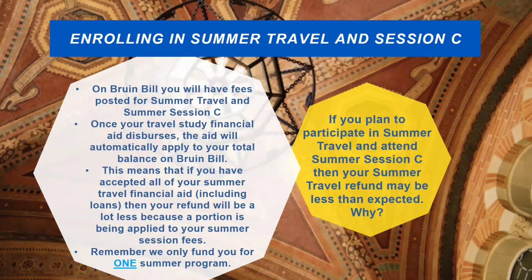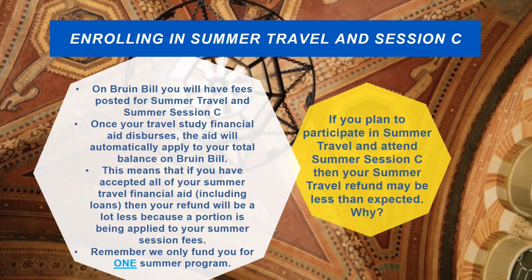You're doing that program in session A, and then in session C, you're deciding that you want to take a class through summer sessions. And then, as I said, you're only going to get financial aid for one program.